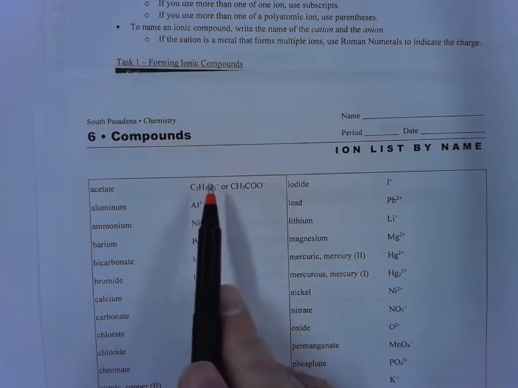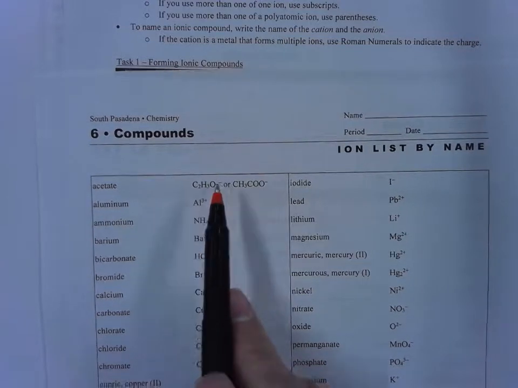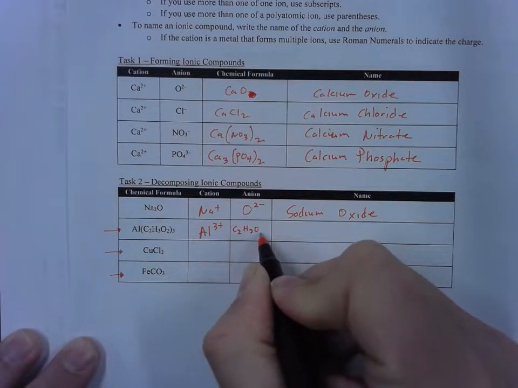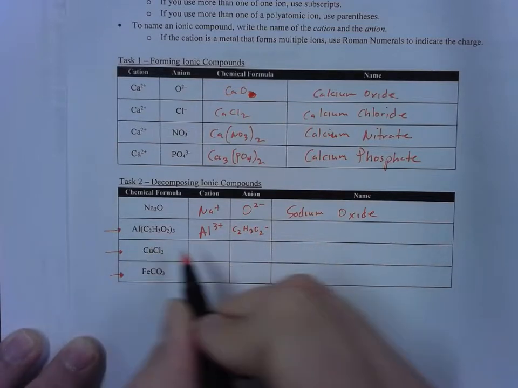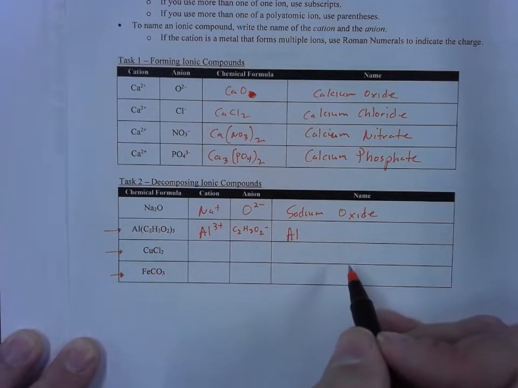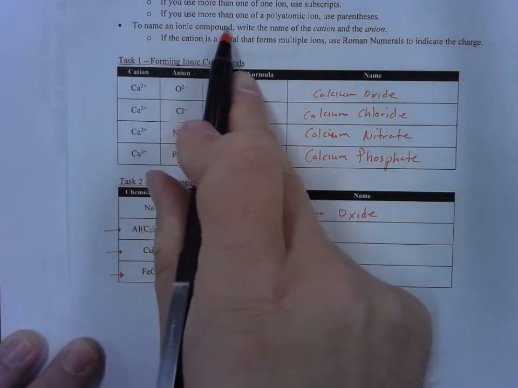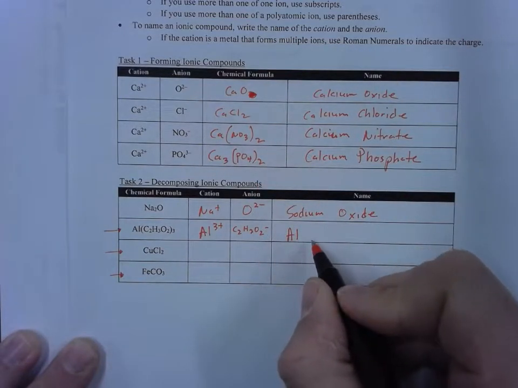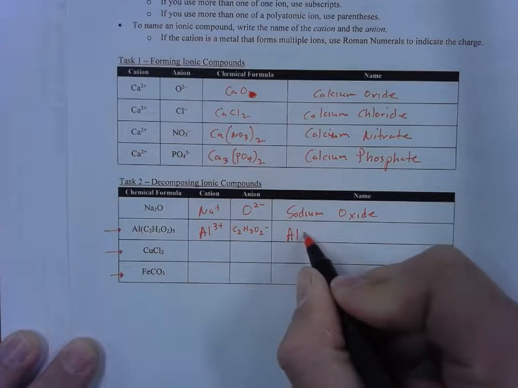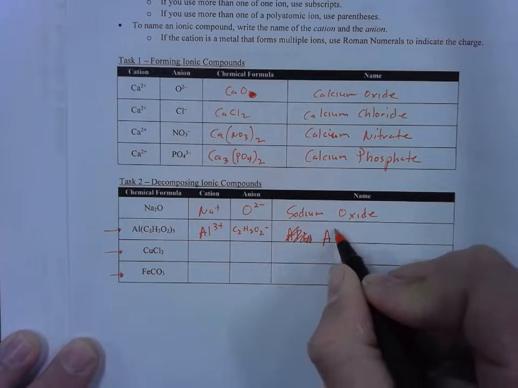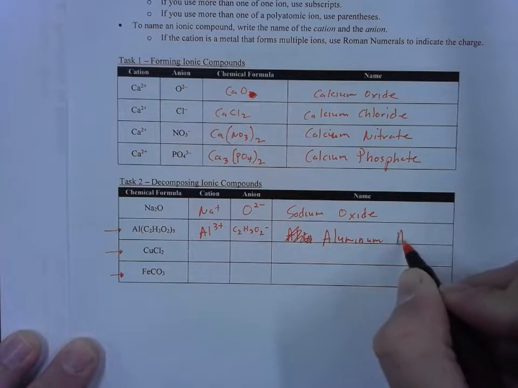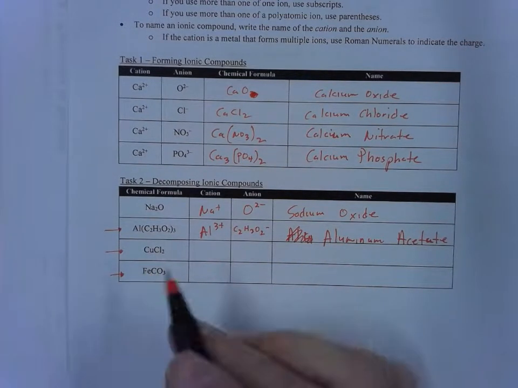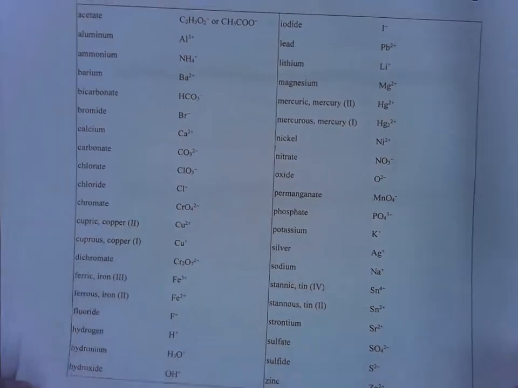And acetate has a -1 charge. Aluminum acetate.